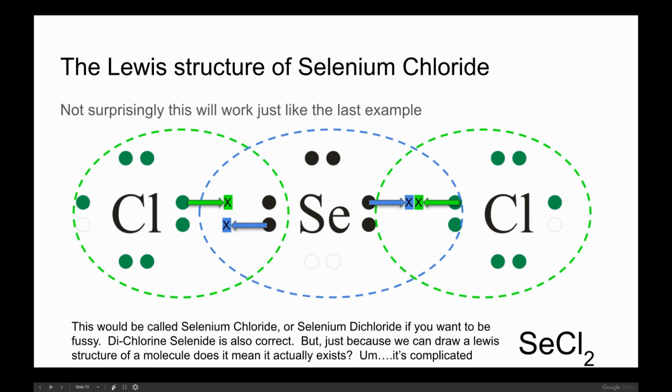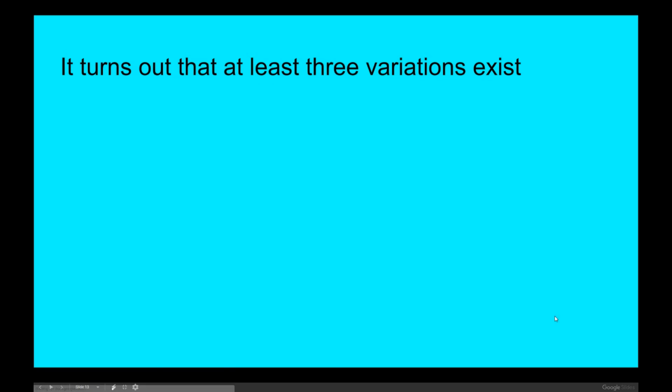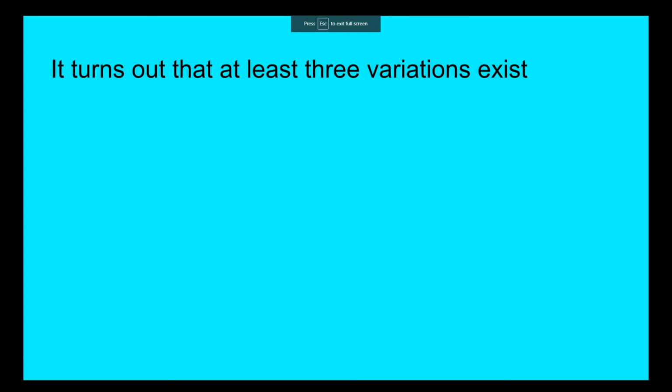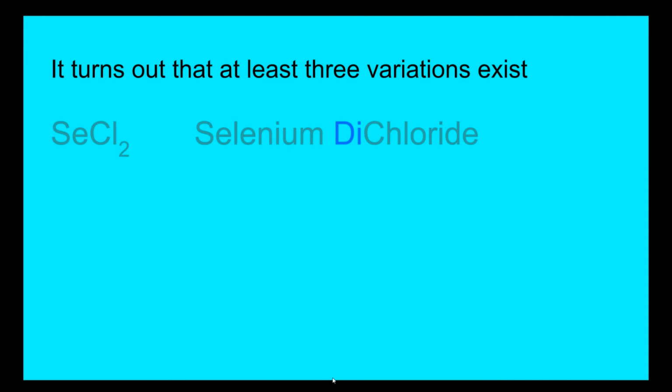Now, does this exist? I don't know. Is it selenium dichloride or dichlorine selenide? What's correct? Well, this is the thing where chemistry advances. They go looking for it and go, guess what I found? You won't believe what I found. There's at least 3 different variations of this thing that I can't figure out.